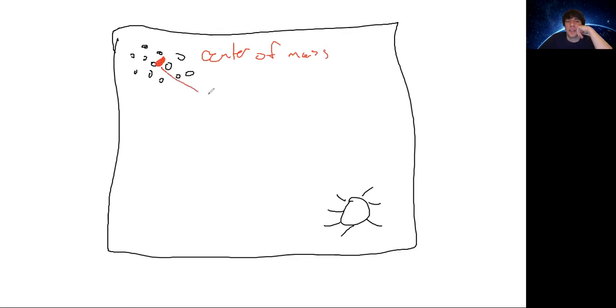And then you're going to calculate the force on this based on just the interaction with the center of mass rather than doing each of the bodies individually.